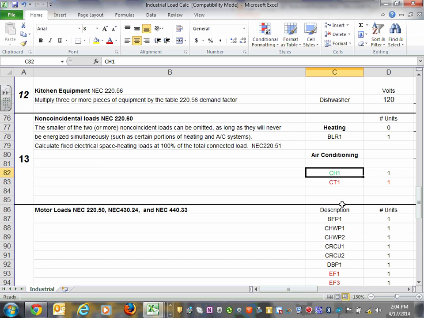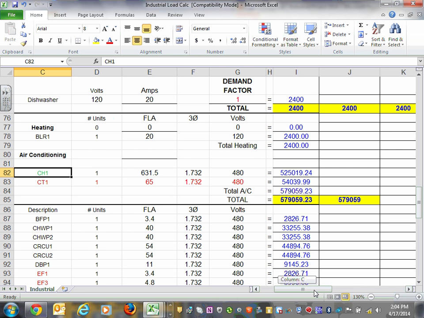I have a chiller. My chiller is going to be the largest load that I'm going to have. And for my heat, guys, I'm heating with gas. A lot of us heat with gas in Minnesota, right? So I'm not burning electricity to heat.